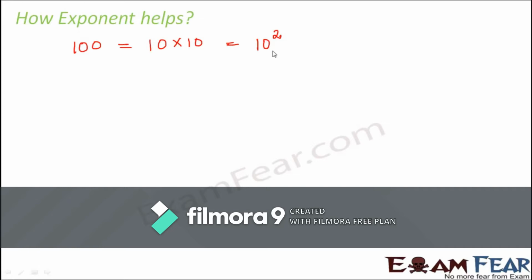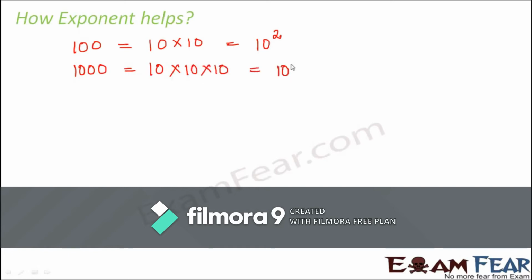Now you might say that writing 10 into 10 and 10 to the power 2 are both equally convenient, so why do we need the power? Well, in this case, it might sound like the concept of power didn't bring much difference. But as you move on to bigger numbers, for example, 1000, it becomes 10 into 10 into 10.